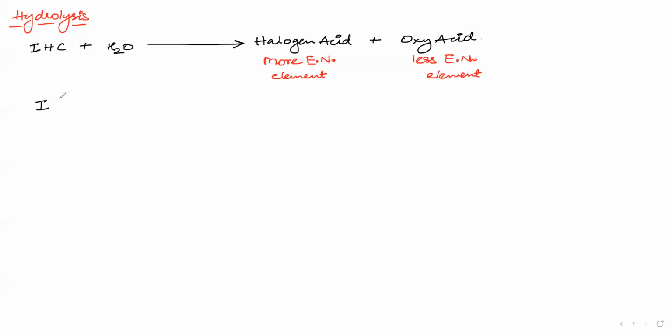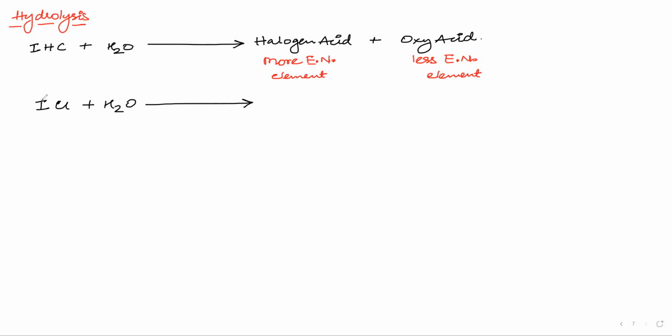Abir, ICl plus H2O. What will be the product? Tell me the halogen acid. Abir. I'm asking Abir, so you did not say the name first. Chlorine.